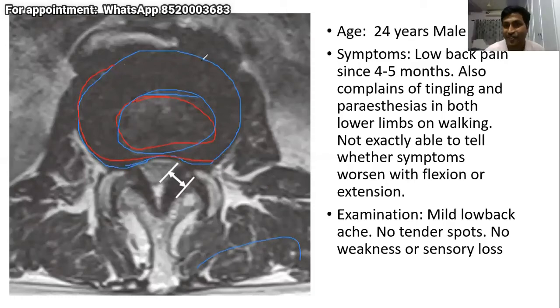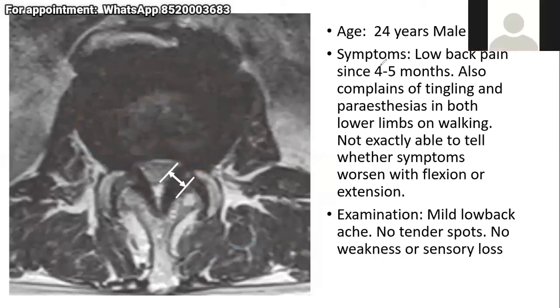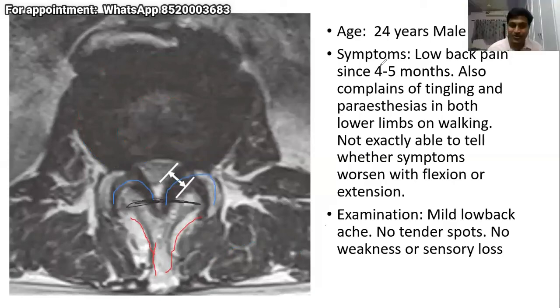Okay. Next one, what I want to draw is, draw me the ligamentum flavum. Many of you may not be able to identify the ligamentum flavum. That is why I'm specifically asking you to draw it. No. Everyone is wrong. Someone is drawing with the red pen.